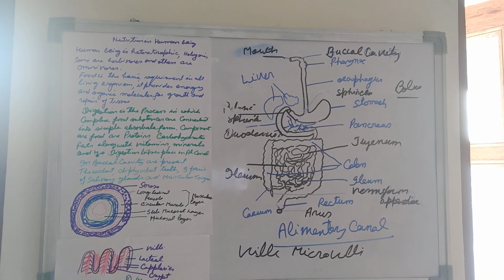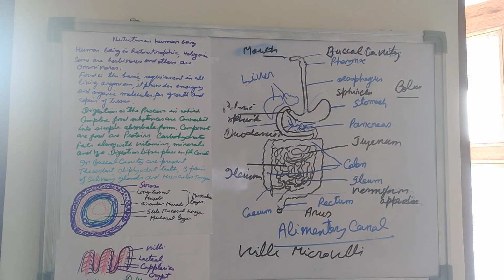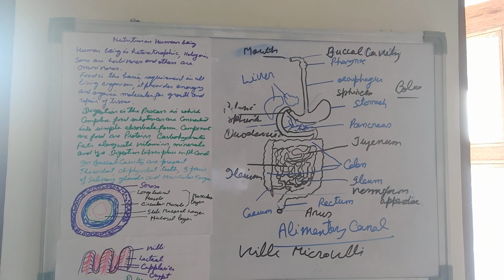In human beings, 32 teeth are present, 16 teeth on the right side and 16 teeth on the left side. 8 teeth on the upper jaw on the right side, 8 teeth on the lower jaw on the right side, 8 teeth on the upper jaw on the left side, 8 teeth on the lower jaw on the left side.